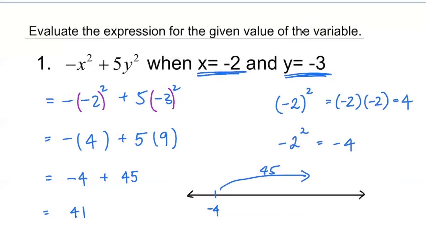After walking 45 steps, guess what? You're going to end up at 41. And that is how you get to the right answer every single time. So do not be afraid of having negative numbers in your work. It's okay. You just have to be very diligent, think very carefully and clearly, and you get the right answer.